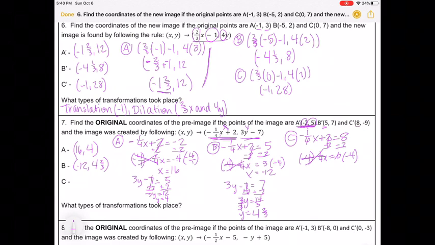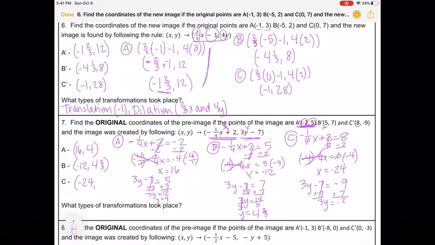I'm doing this quick since you should have already done it, and x equals negative 24. Remember, write it in as you get it so you don't forget. For the y, 3y minus 7 equals negative 9. Add 7. 3y equals negative 2. Divide by 3. Y equals negative 2/3.